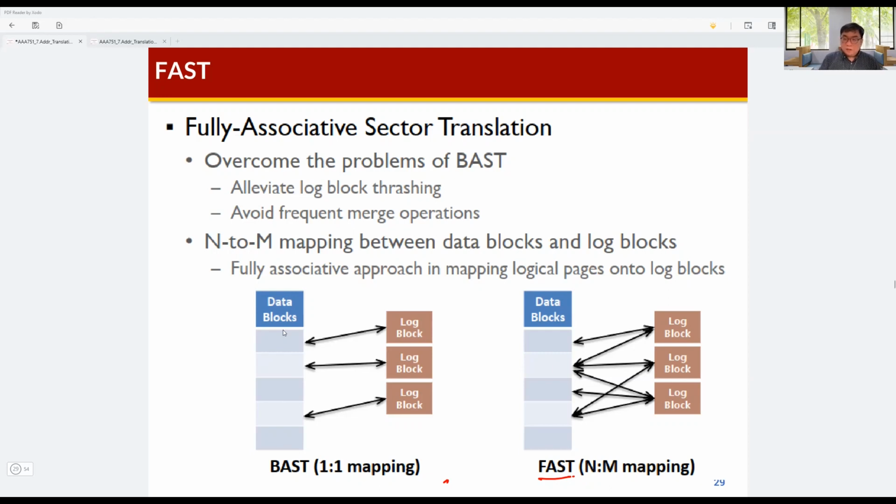So first, what is the problem of a fully associative cache? Hardware cost. Also the design is complex. The problem of FAST is also the complex mapping algorithms.